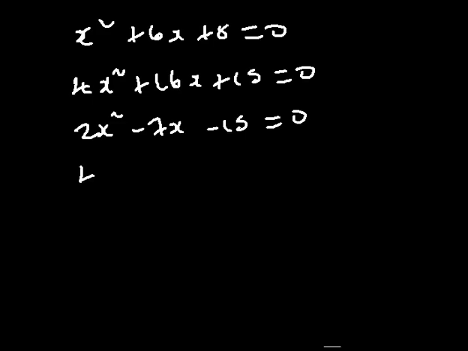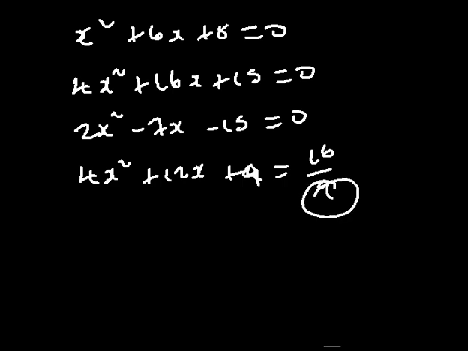And let's say if we have 4x squared plus 12x and let's say plus 9 is equal to, let's say, 16 over 9. How do you think we can solve for that one using the factor method? So first thing, you should be thinking of eliminating the denominator there.